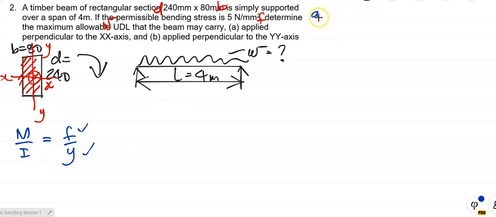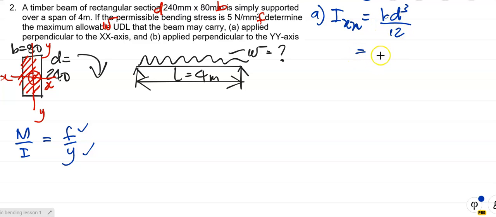So I'm going to say number A, IXX is equal to BD cubed over 12.